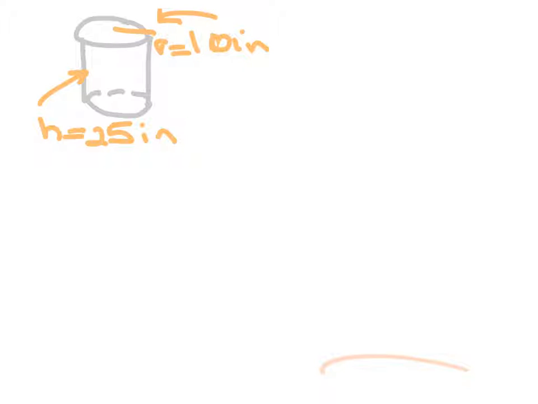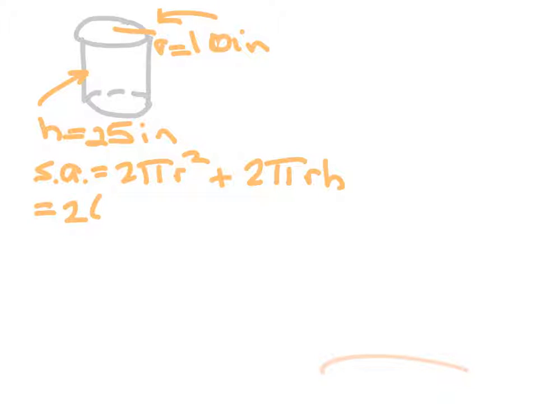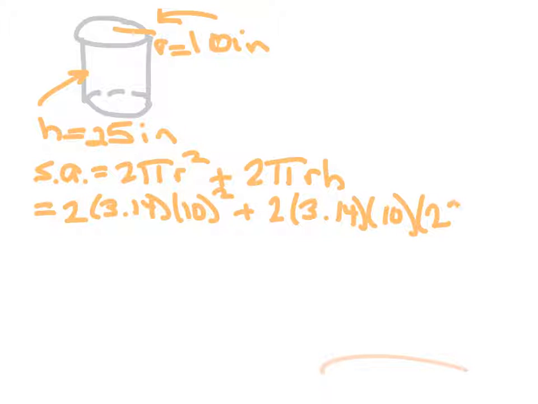All right, let's look at our surface area formula. Surface area of a cylinder is 2 pi r squared plus 2 pi r h. 2 times 3.14 times the radius of 10 raised to the second plus 2 times 3.14 times 10 times the height of 25.